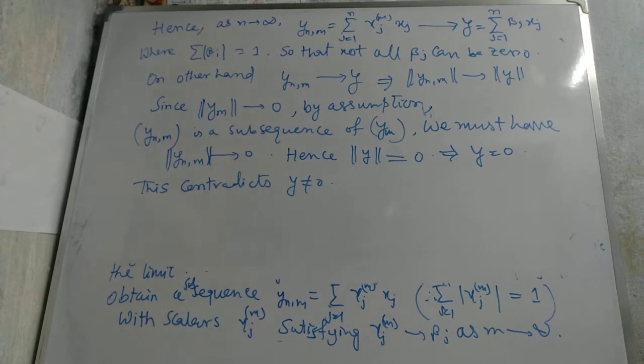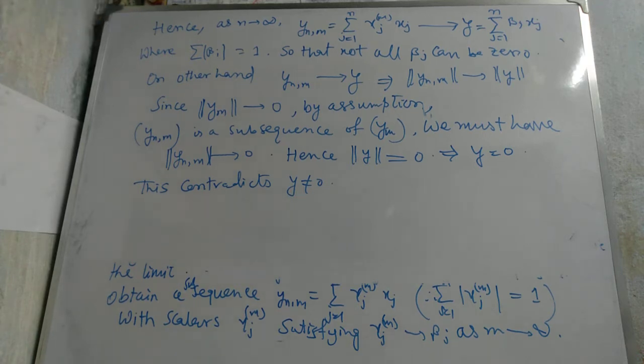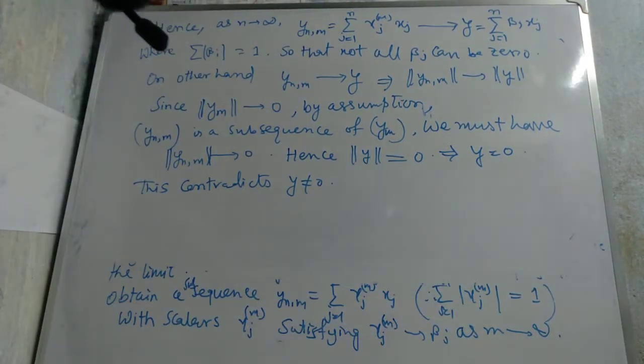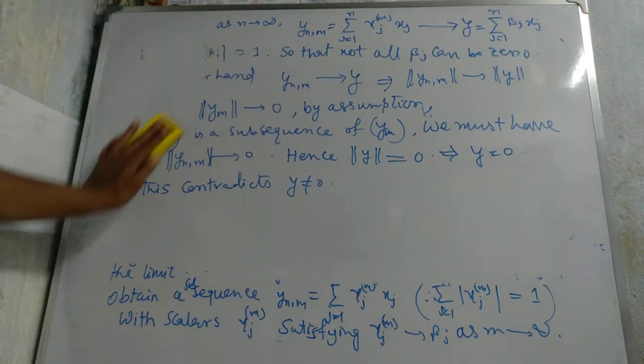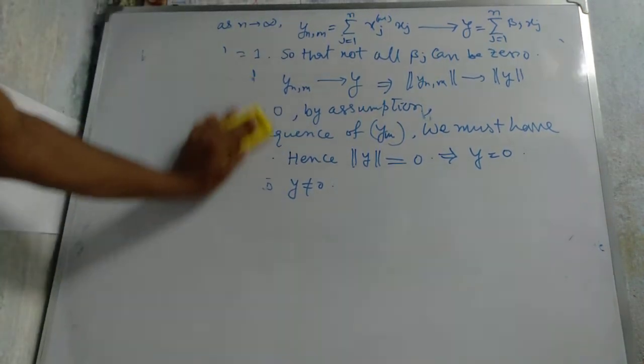Now we go to another problem. This one is an important theorem also: in a finite dimensional normed space, all norms are equivalent. By using this lemma, we also prove this one.